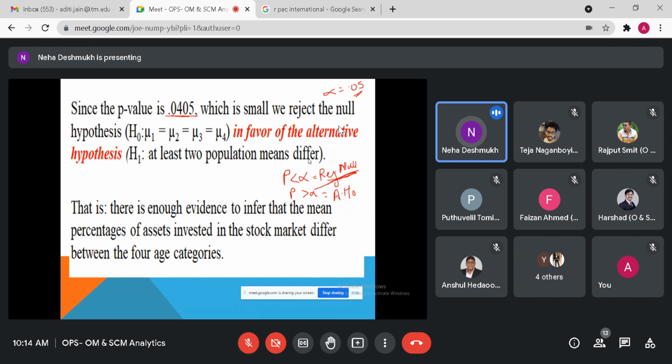It means that there is enough evidence to infer that the mean percentage of assets invested in the stock market differs between the four age categories, right? Yes, ma'am. Clear? Or should I repeat it?